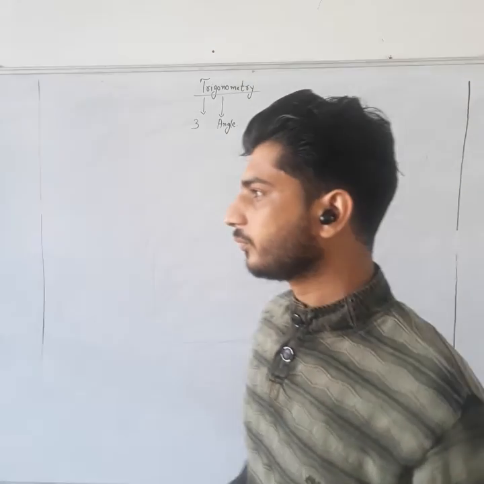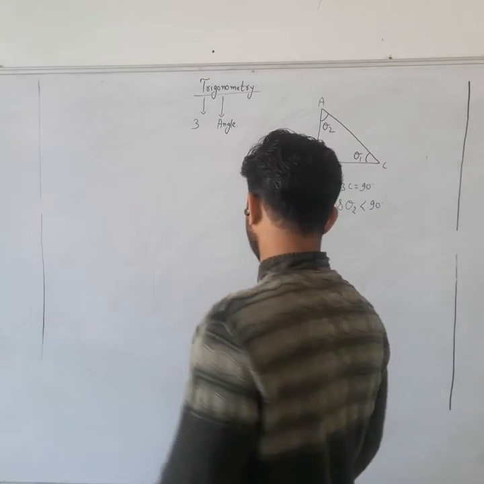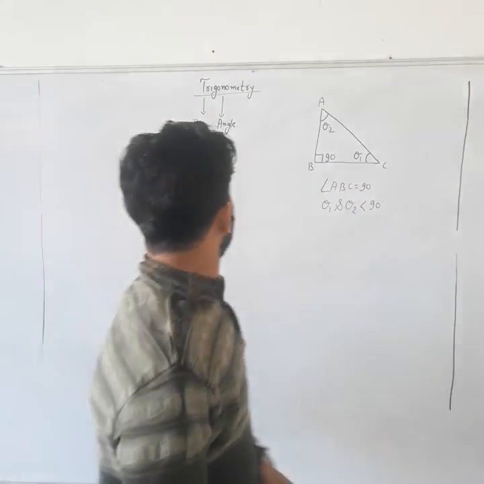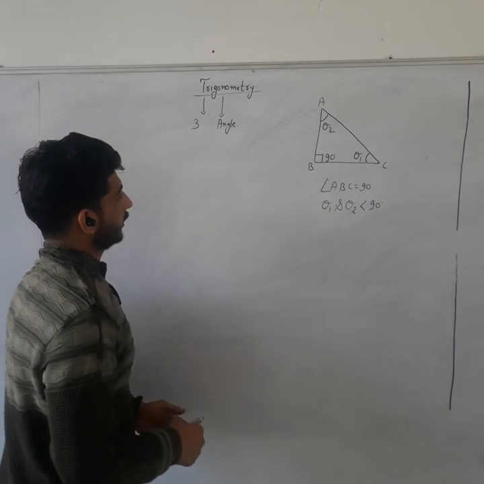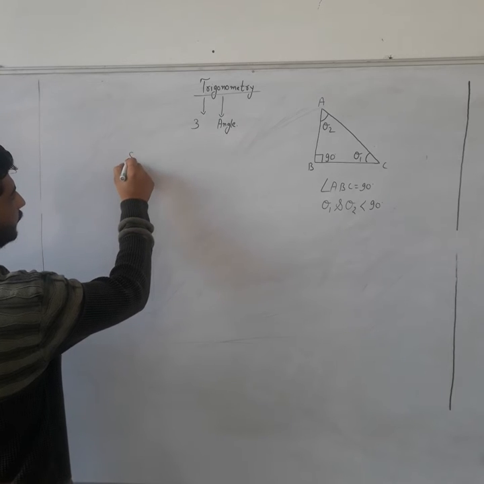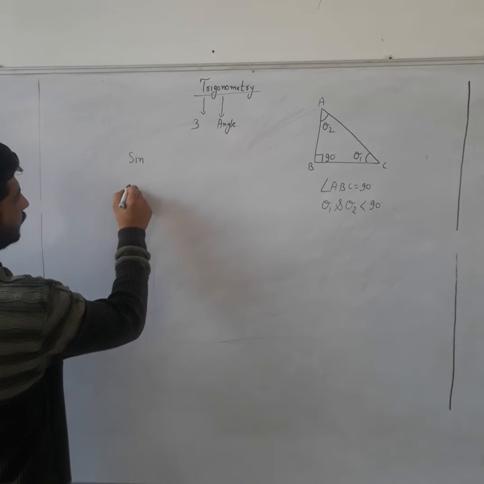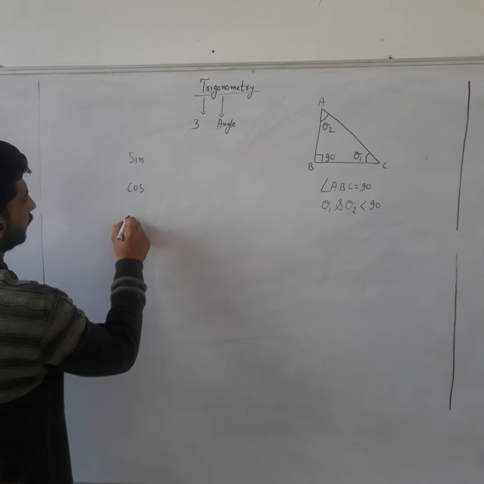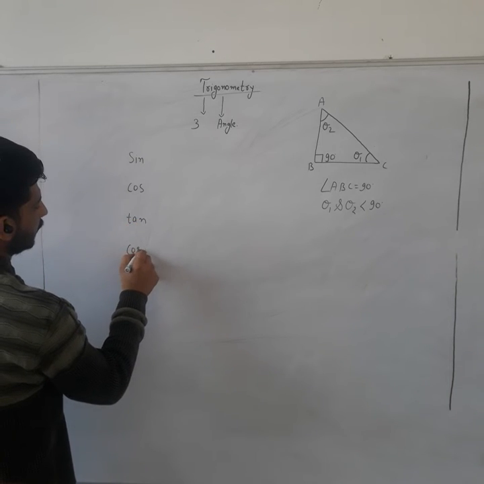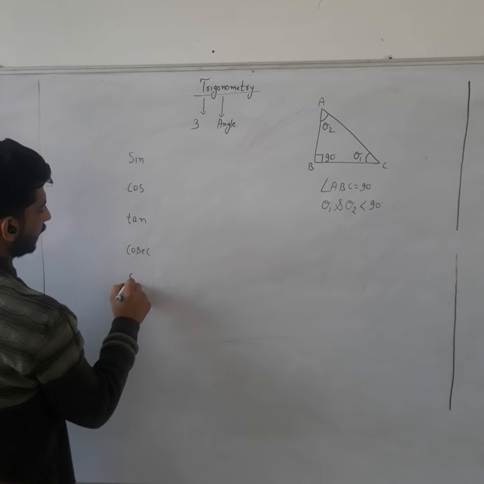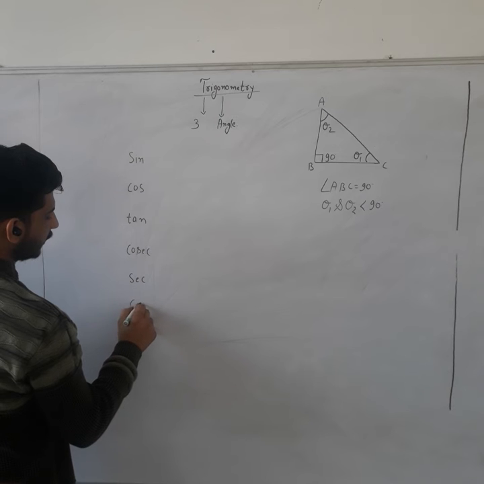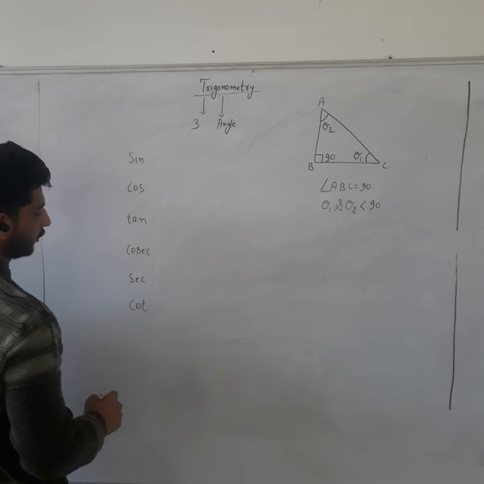Okay. So we have to study our trigonometry. First of all, we have to specify some trigonometric ratios like sine, cos, tan, cosec, sec, and the last one is cot.